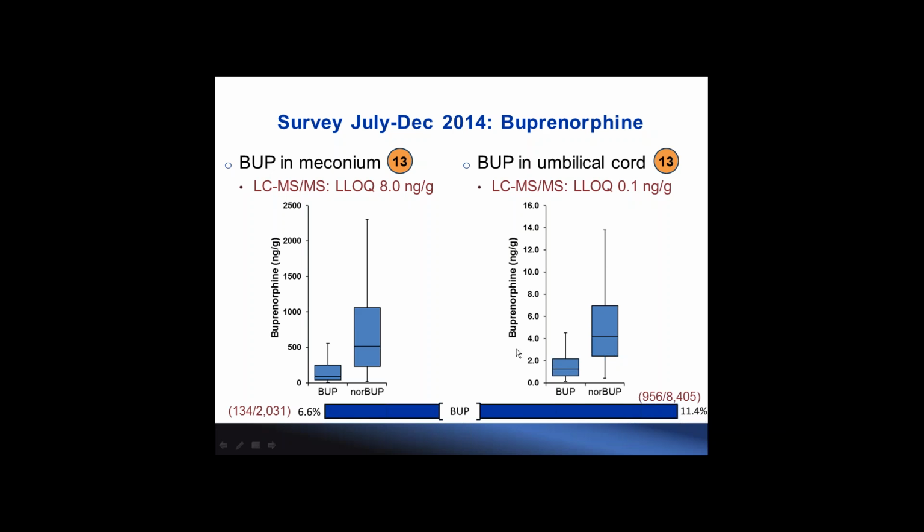This is the concentration distribution again. You can see norbuprenorphine has much higher concentration compared to the parent drug. So if the test method setup has the metabolites, it can help identify the buprenorphine positive cases if we cannot find buprenorphine.